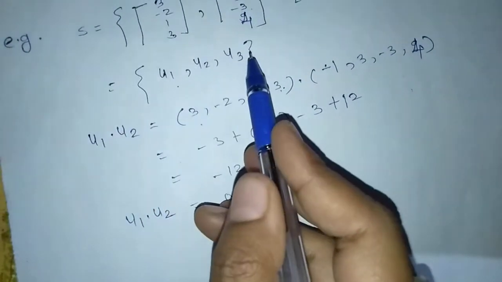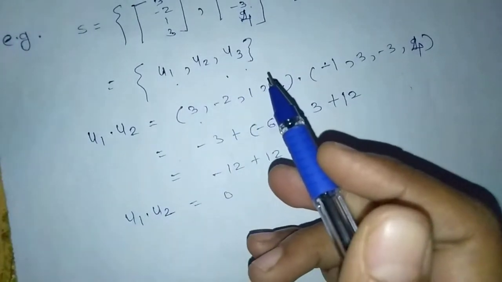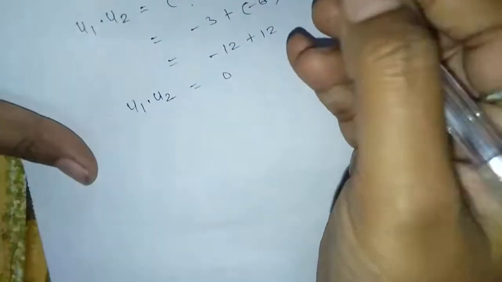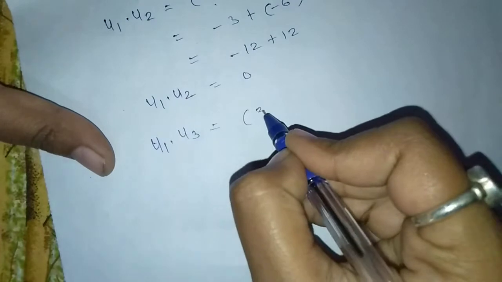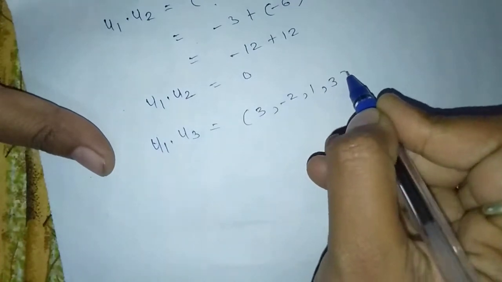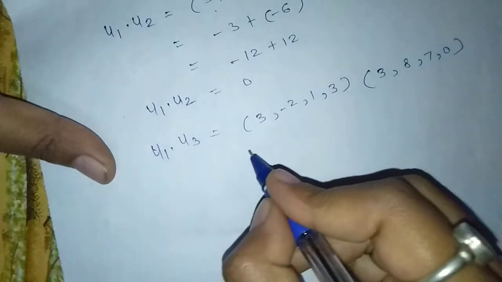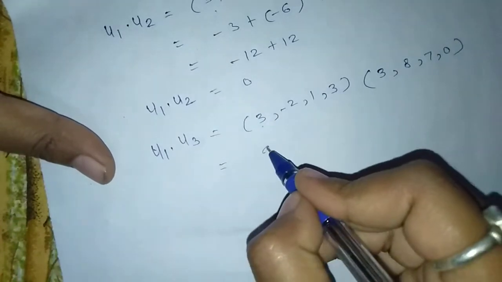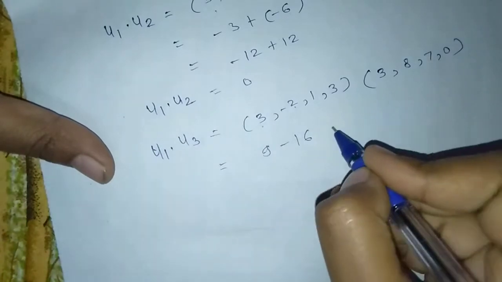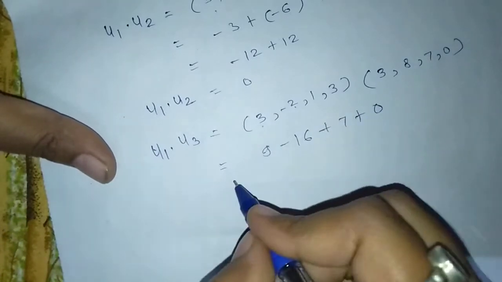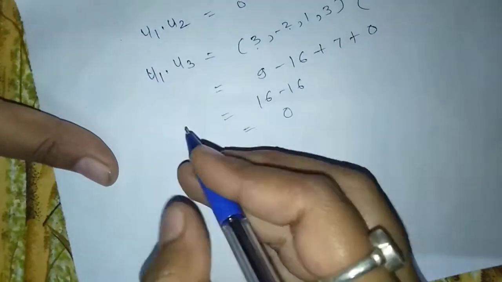Next calculate u1 dot u3 and next u2 dot u3, because these are the distinct pairs. So u1 dot u3, u1 is (3, -2, 1, 3) and u3 is (3, 8, 7, 0), equal to 3 into 3 is 9, minus 2 into 8 is minus 16, plus 7 plus 0. 9 plus 7 is 16, minus 16 is equal to 0.